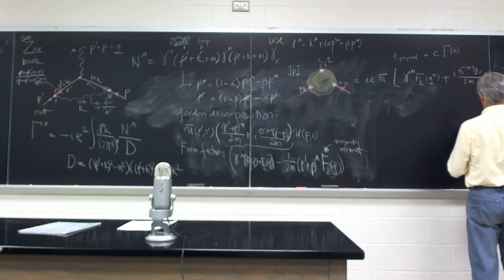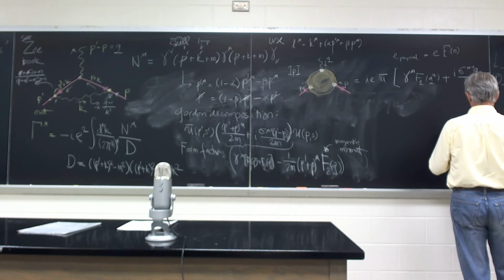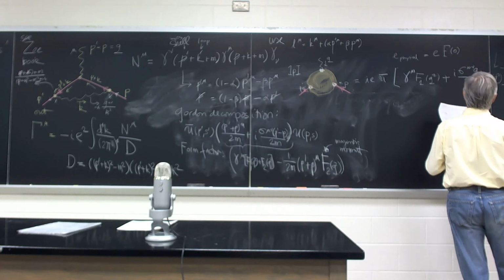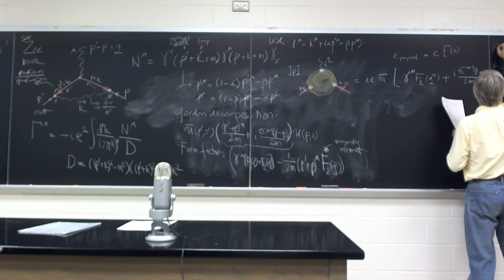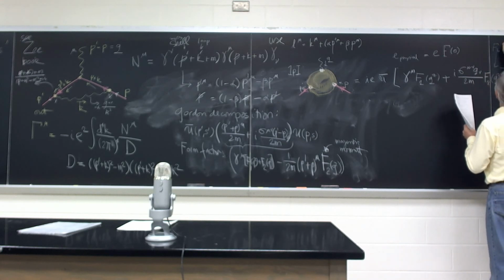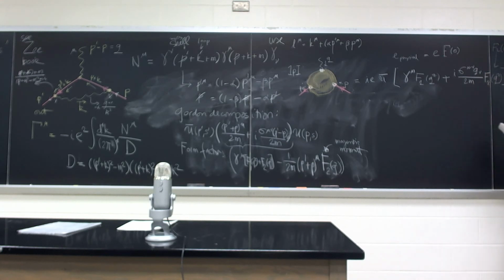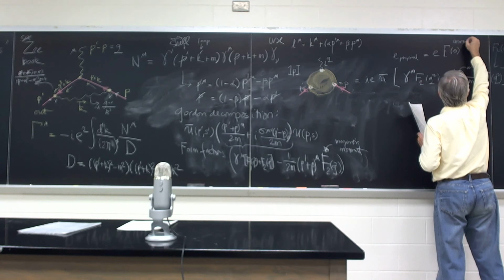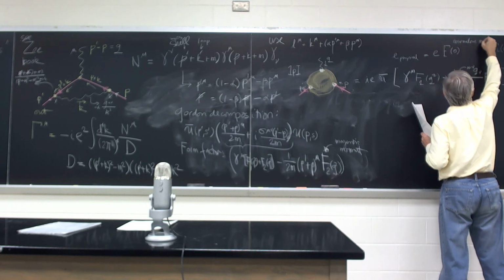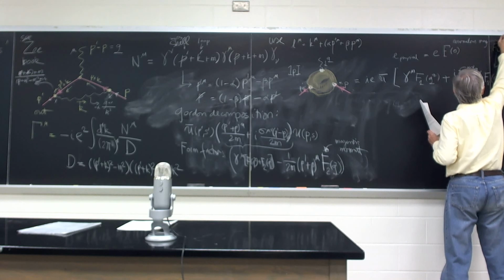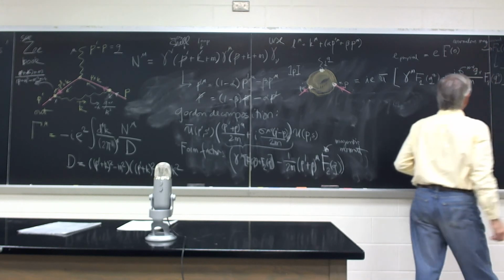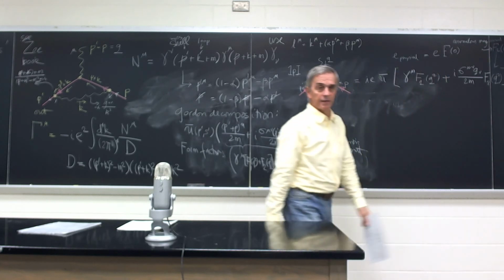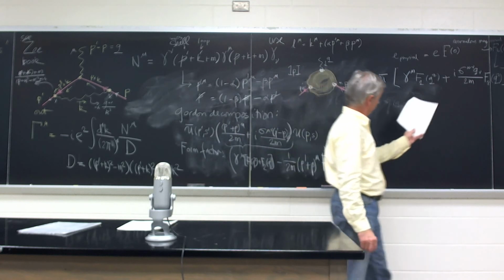And this guy, F2, evaluated at zero, we did it last time. It's interpreted as the anomalous magnetic moment. So the way this works out is that the Dirac prediction from relativistic physics for the magnetic moment works.